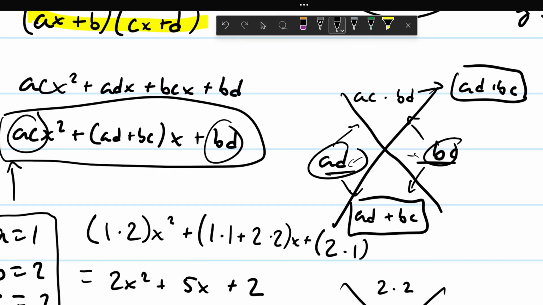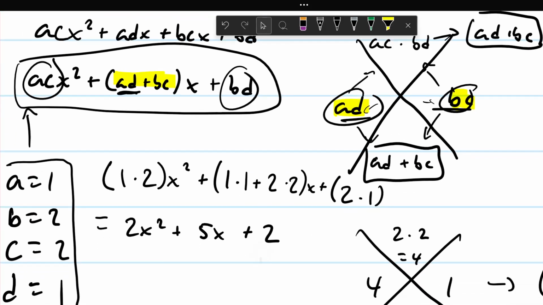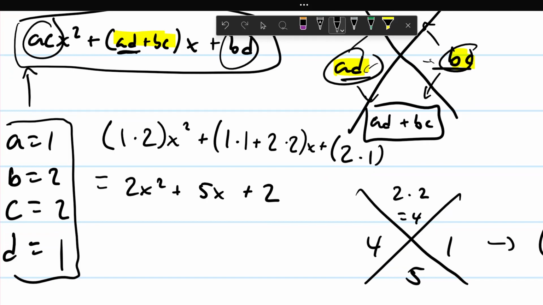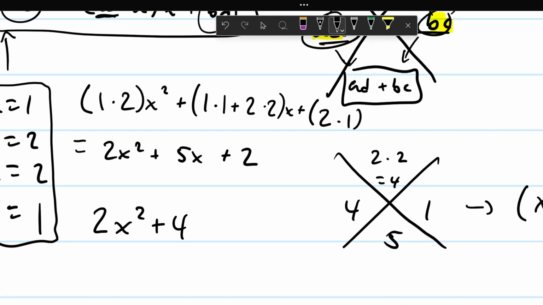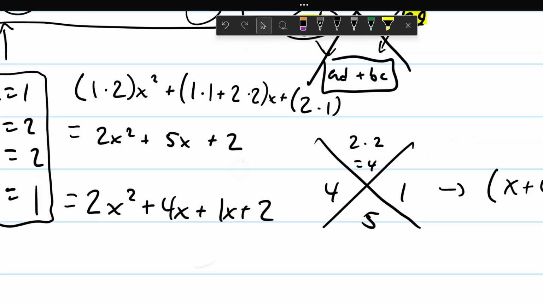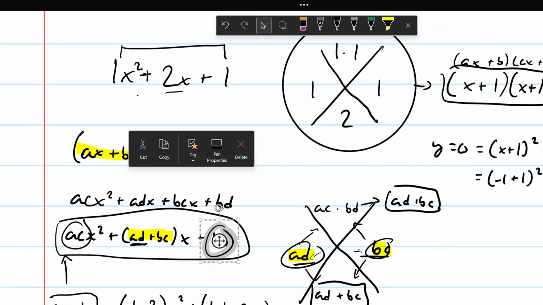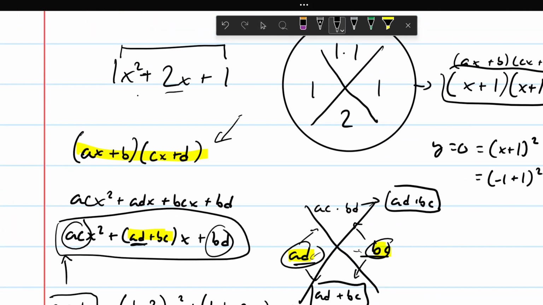So we can rewrite this expression as 2x plus 4x plus 1x plus 2. These should be the same. And our goal is to make it of this form right here.